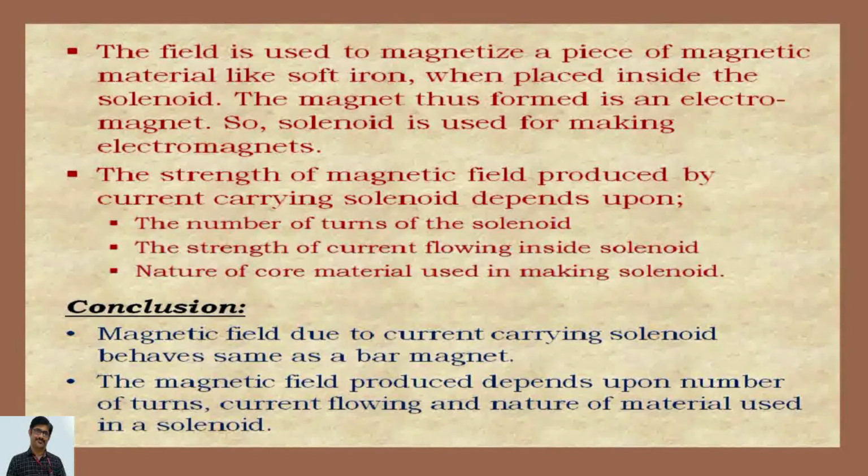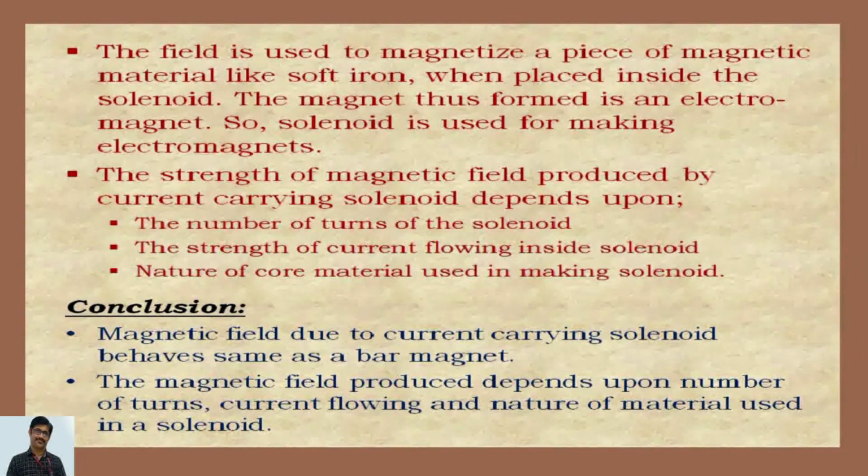So let's continue. The strength of the magnetic field produced by the current carrying solenoid depends upon the number of turns of the solenoid, and the strength of the current flowing inside the solenoid, which means it depends on the current flowing as well.